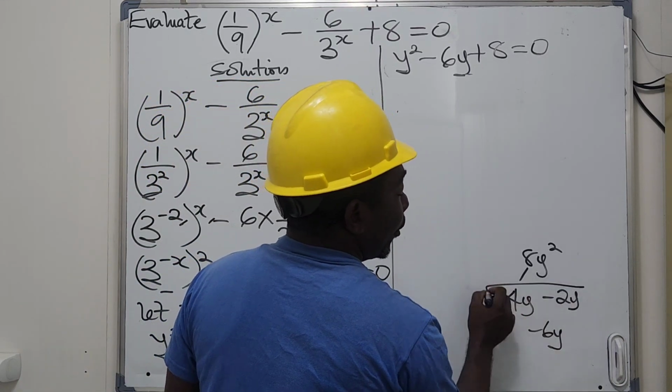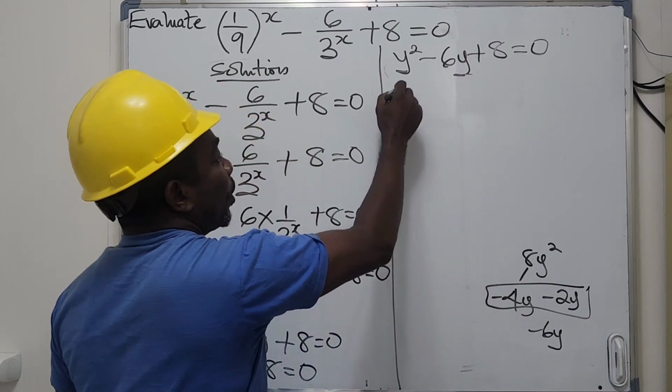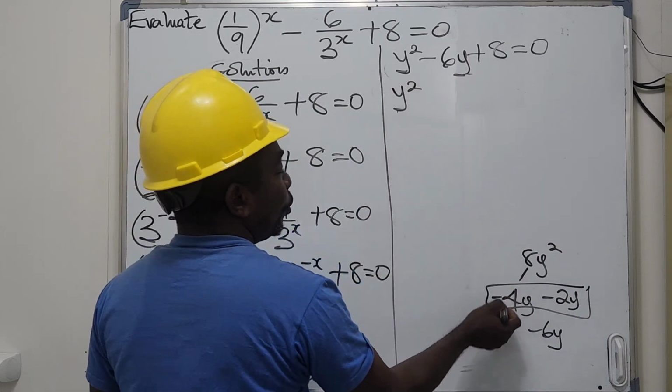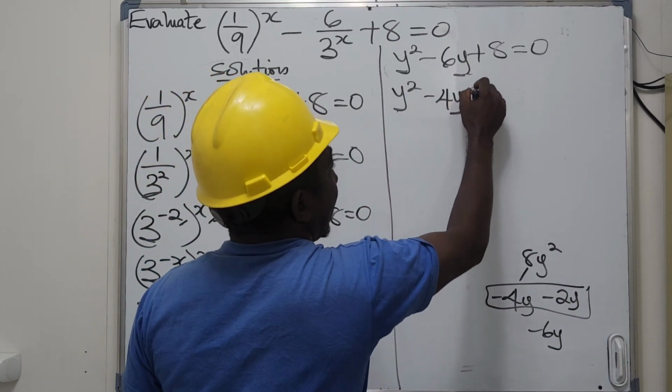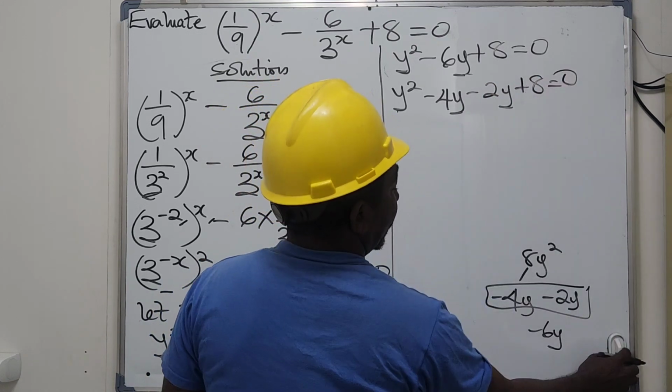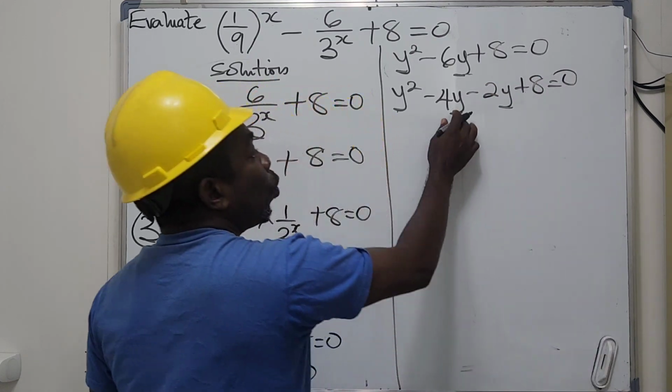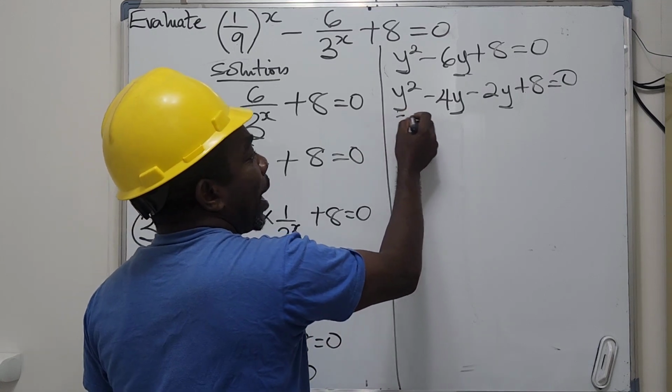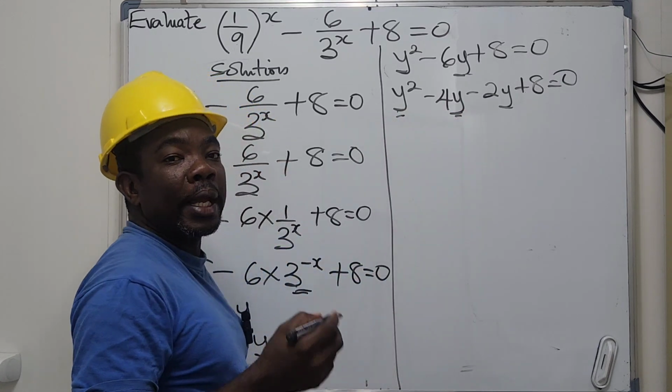So we are going to replace this. In the place of minus 6y, we have y squared, minus 4y, then minus 2y plus 8 equals 0. In that situation, we will factorize this. We have y here and y here. We take it as common.